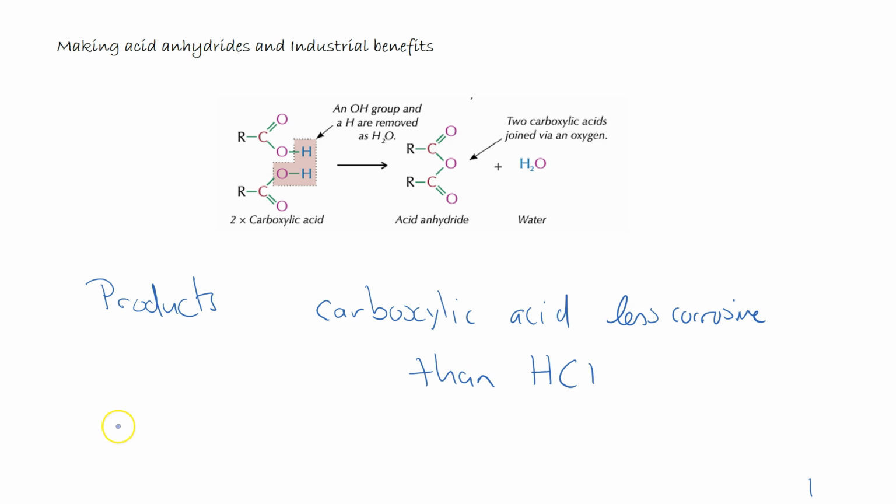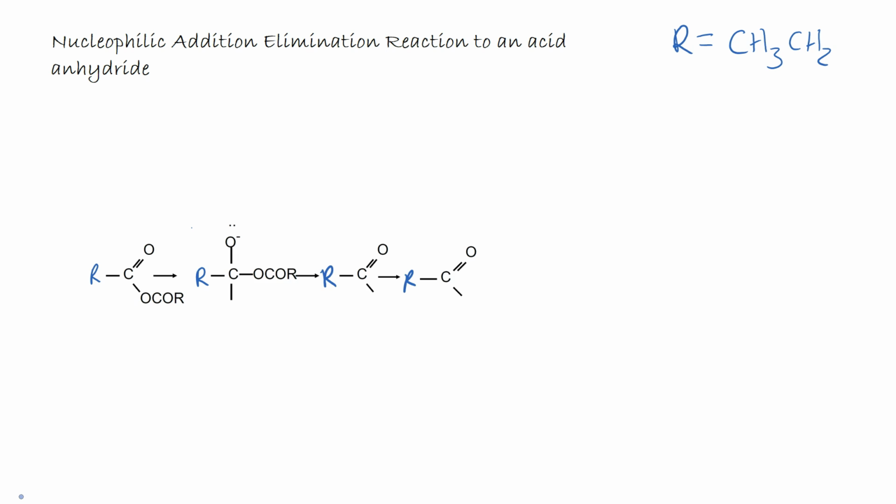Along with this, the acid anhydride is also generally cheaper to produce than acyl chlorides, another factor favouring it in industrial processes.